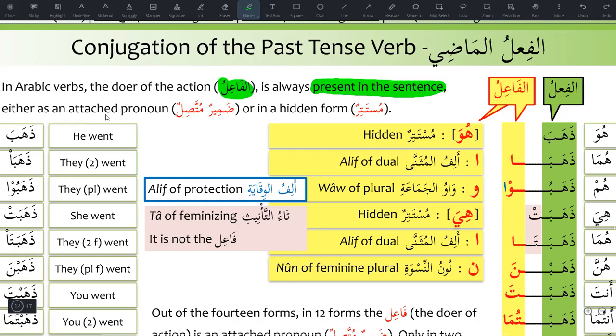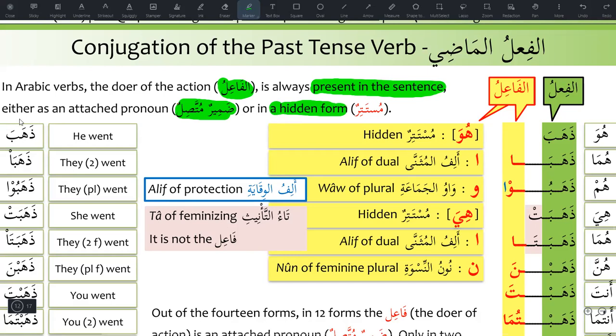either as an attached pronoun, and attached pronouns usually come as a fa'il also, or in a hidden form. In a hidden form, like yesterday we learned that kharaja, sami'a, zahaba have a hidden subject, or fa'il, there.